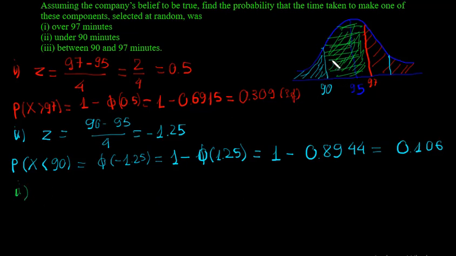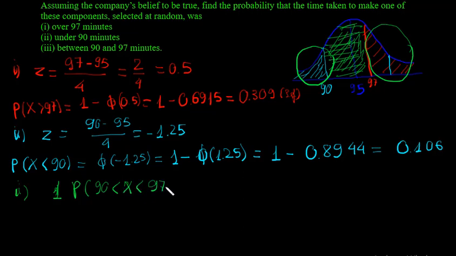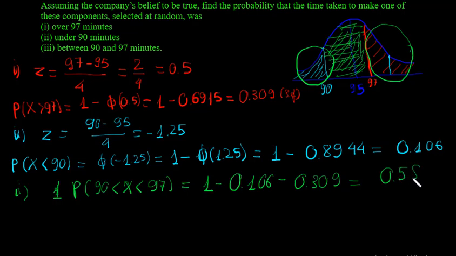The first way: because we know the other areas, and the total area is 1, P of 90 smaller than X smaller than 97 equals 1 minus the area we know, 0.106, minus the area, 0.309, giving a final value of 0.586.